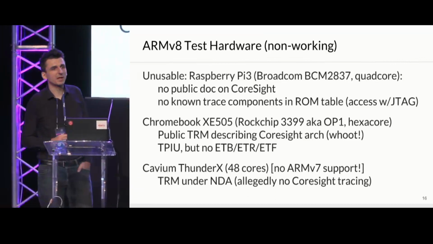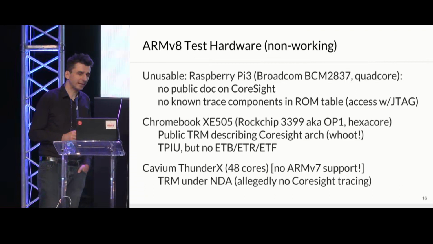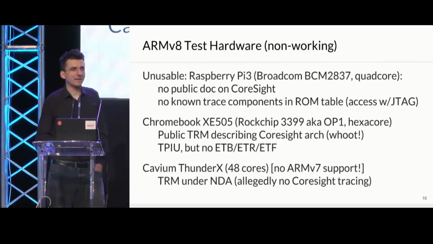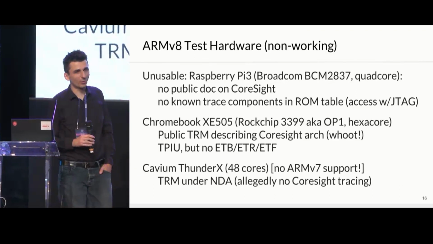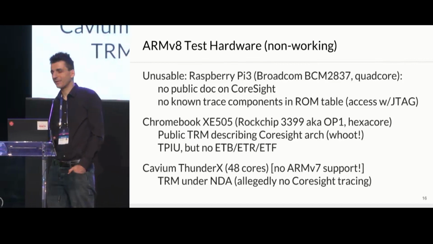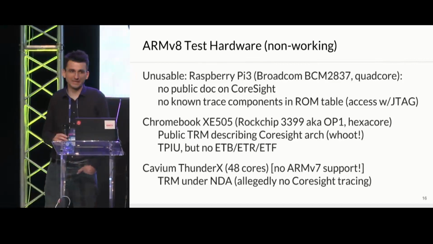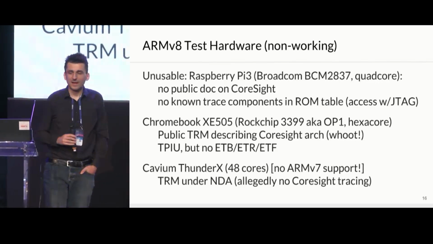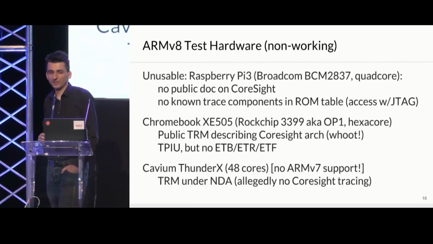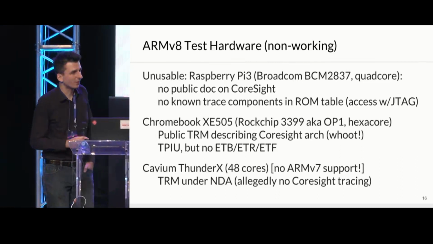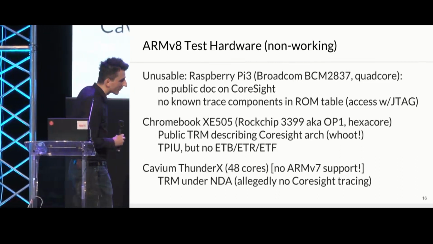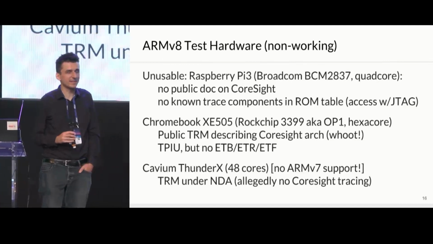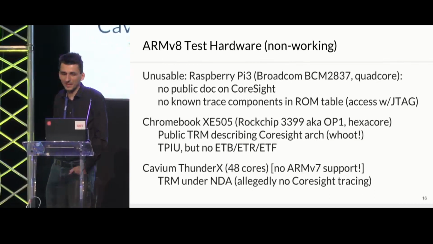Then I had access to a machine running a Cavium ThunderX, and I thought this would be nice for fuzzing, 48 cores. The first bummer was that this thing doesn't support ARMv7 anymore, it just does ARMv8. The second was that the TRM is only available under NDA. Well, I know someone who has signed such an NDA, maybe he can look something up for me.